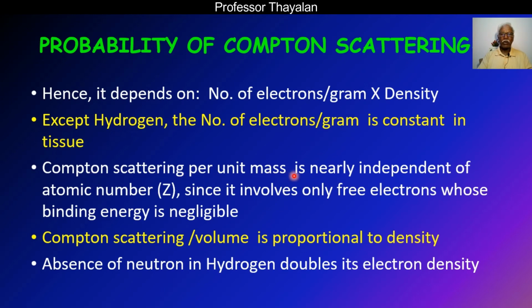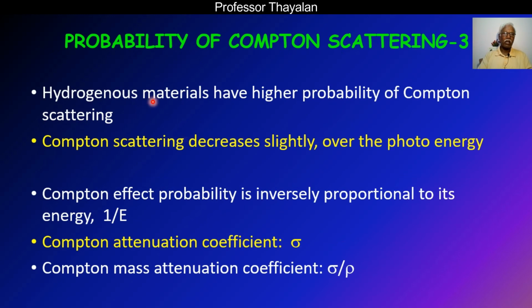Compton scattering per unit mass is nearly independent of atomic number since it involves only the free electrons whose binding energy is negligible. Compton scattering per volume is proportional to density. Absence of neutron in hydrogen doubles its electron density. Therefore, heterogeneous materials have higher probability of Compton scattering.